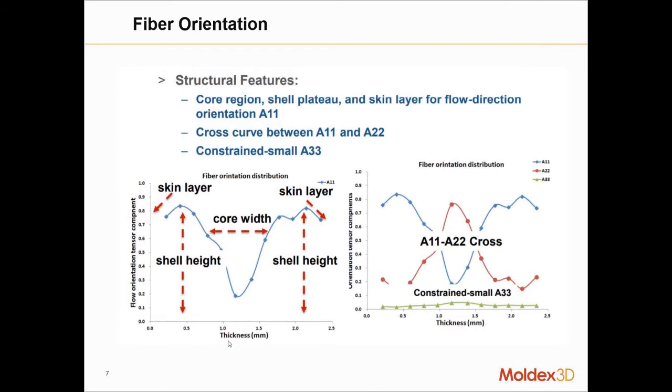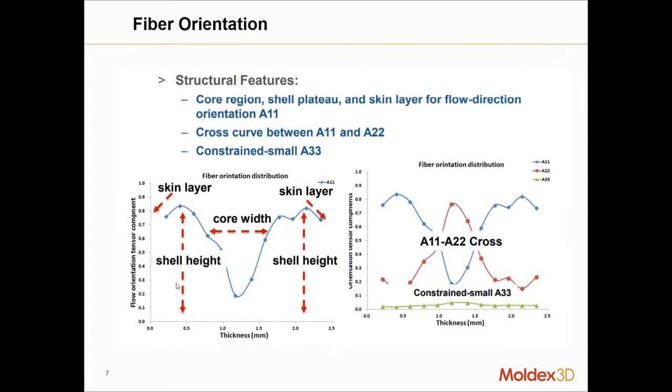In this case, the thickness is normalized across the x-axis, meaning that the 0 value, wherever this starts, is at one surface of the part, and the opposite side here is the opposite surface of the part. So we're looking at this result through the thickness. You can almost flip this 90 degrees so you would get a better conceptualization of what's happening here.